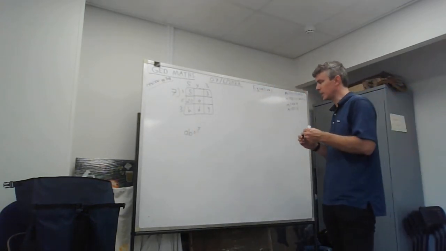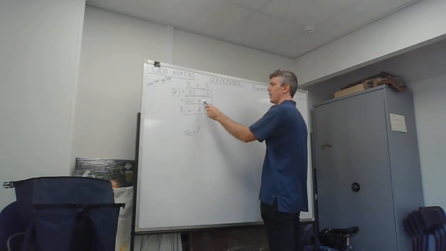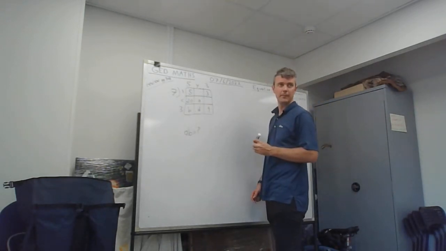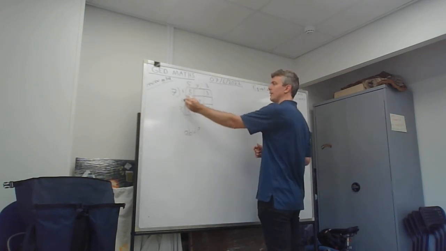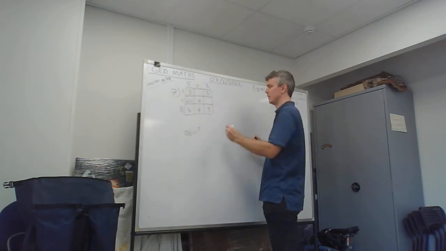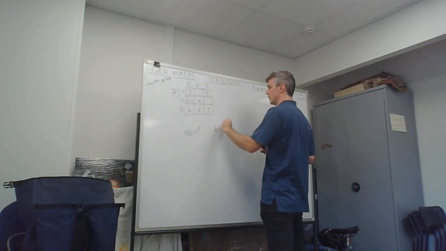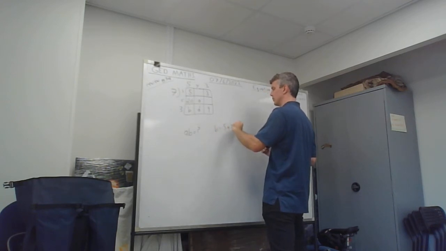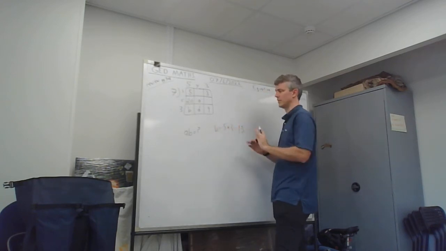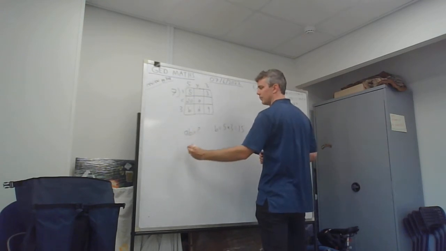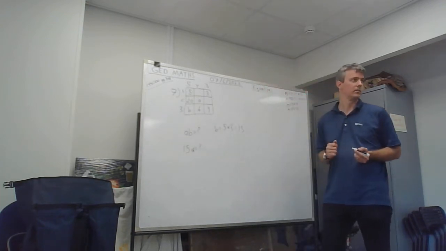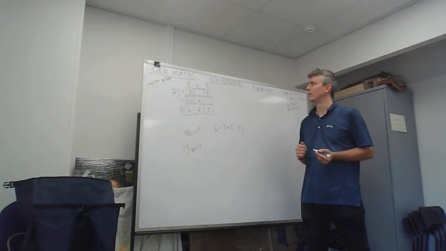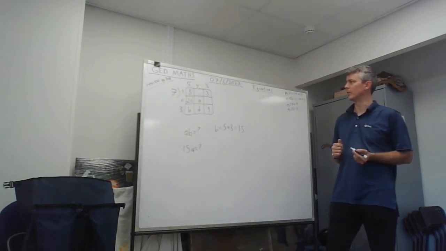That means we need to look here for A and B. First off, we know B equals 5 times 3, which equals 15. So now we have 15A, which equals something we don't know yet.